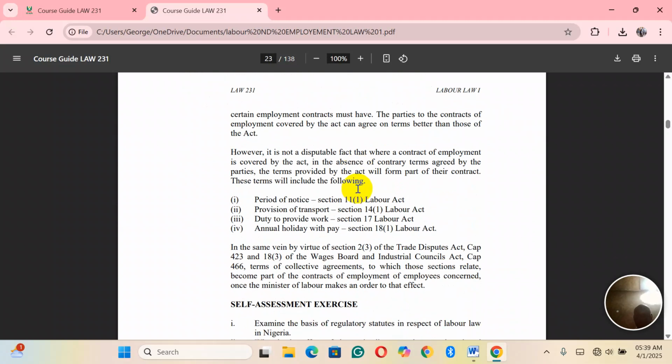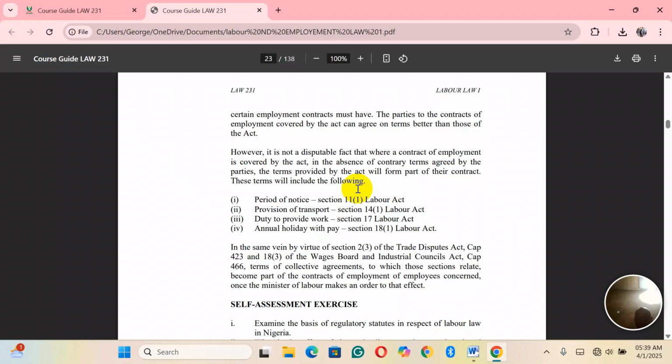However, it is not a disputable fact that where a contract of employment is covered by the Act, in the absence of contrary terms agreed by the parties, the terms provided by the Act will form part of their contract. The terms will include the following: one, period of notice, that is section 11 subsection 1 Labor Act.